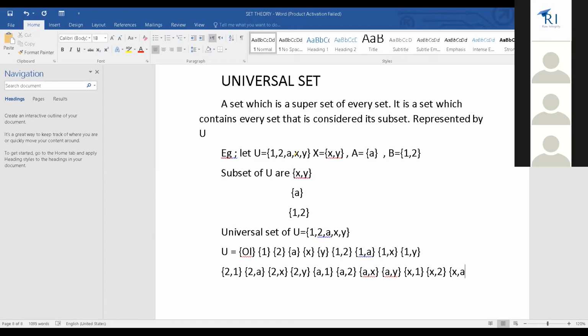Okay, Aisha has mentioned the universal set is represented by square rectangle braces. So can you please check if that's true?